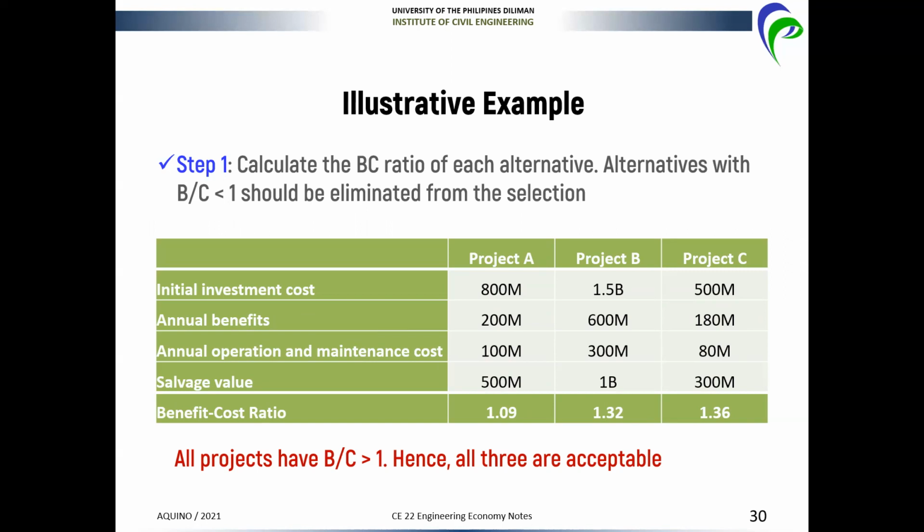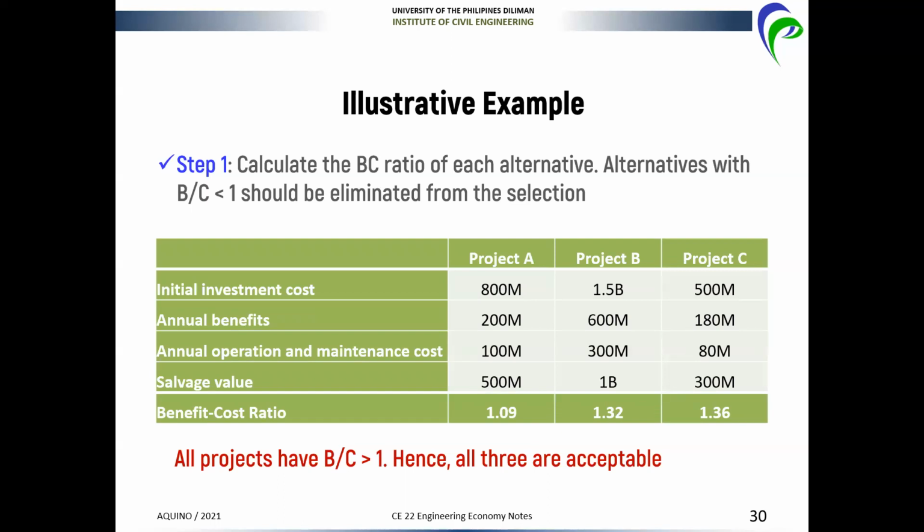This is what I mean, actually this is what we more often see wrong in feasibility studies conducted by supposedly professionals. They will say, project C has a higher benefit cost ratio, therefore we should go with that. That is incorrect. All this says is that since project C has a benefit cost ratio of 1.36, that is acceptable. But to say that it's the best alternative, that's premature.